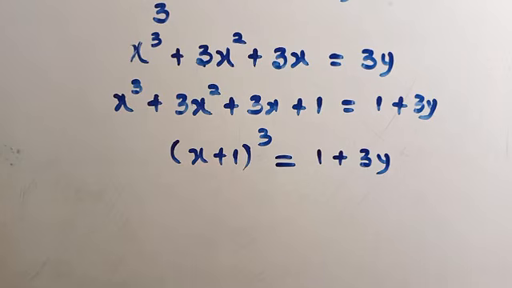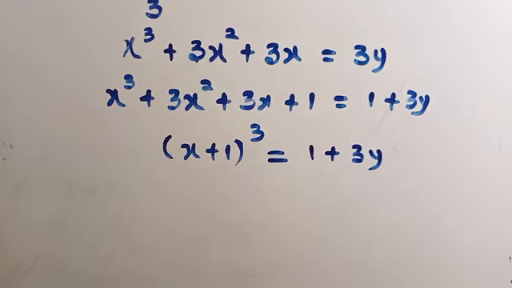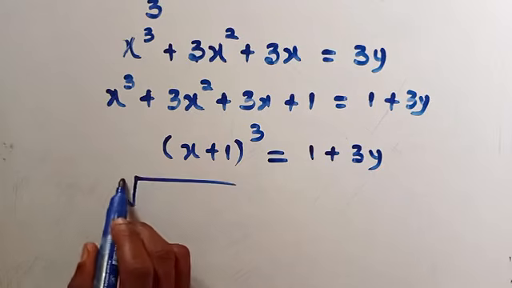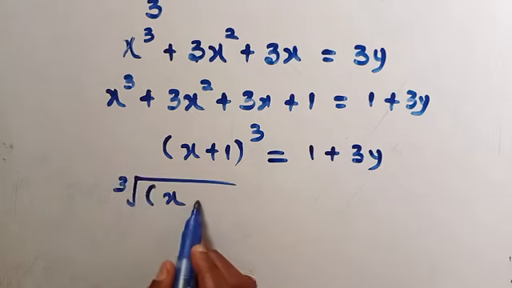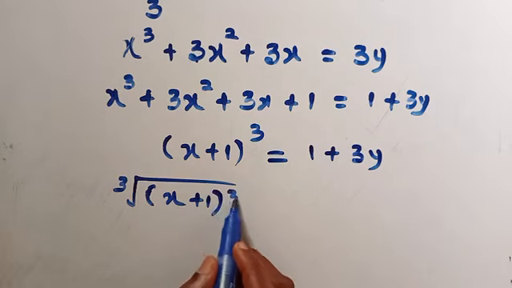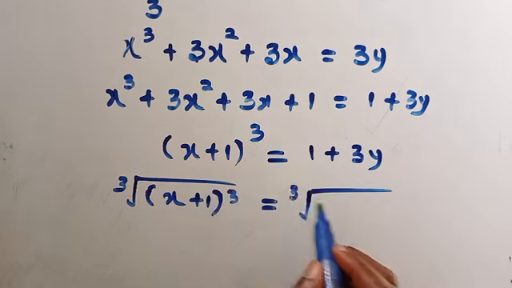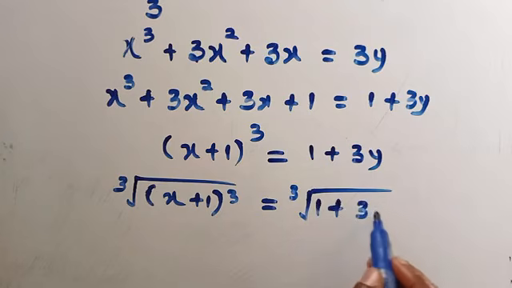Next step is, I want to make x the subject of the formula. We have to take the cube root of both sides. By taking the cube root of x plus 1 raised to the power of 3, this will equal the cube root of 1 plus 3y.